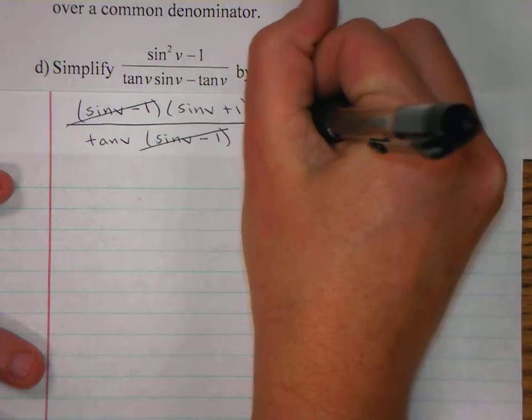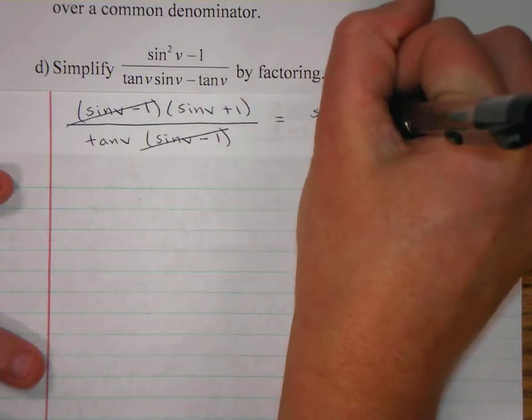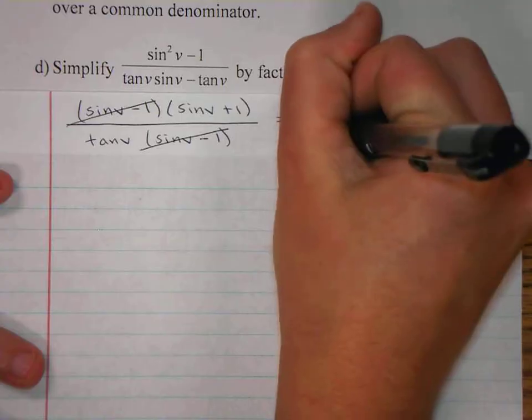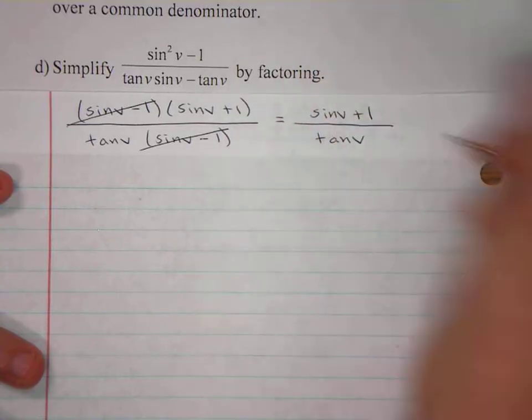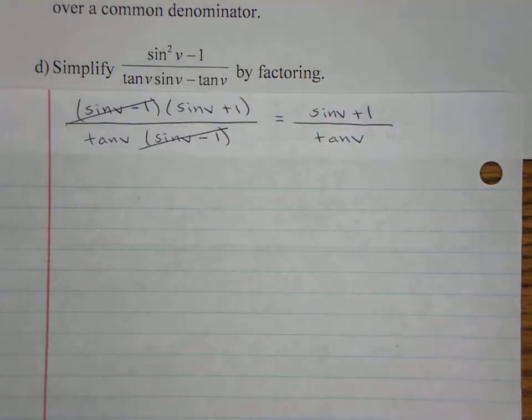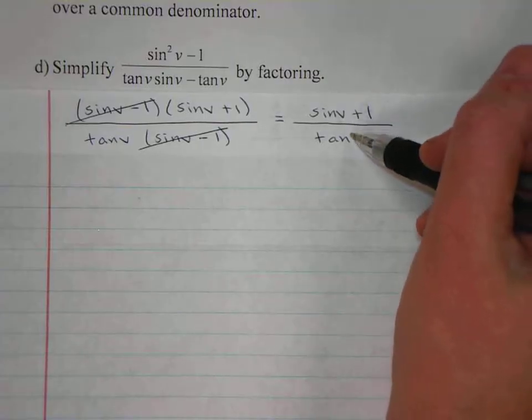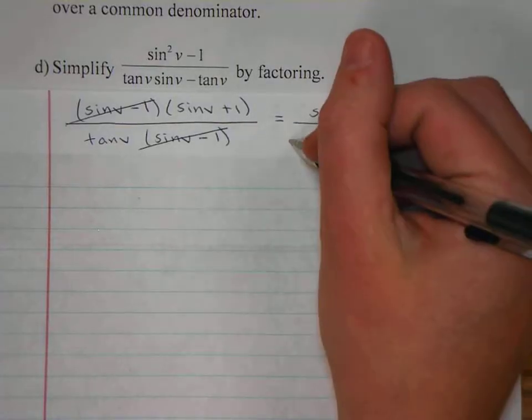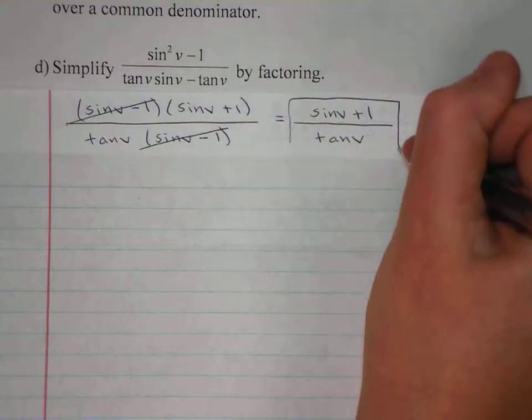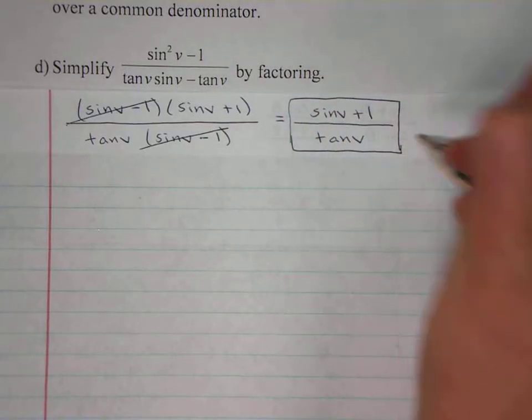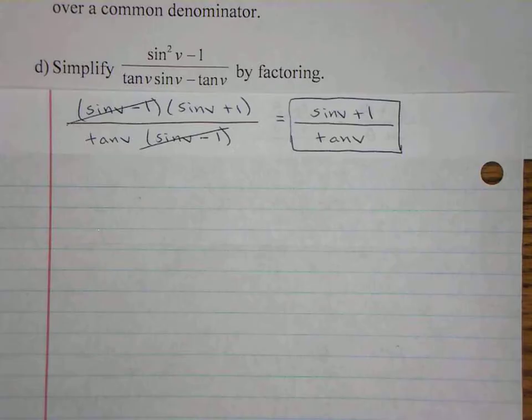And I'm left with sine v plus 1 over tangent v. And since sine and tangent, well, they do share some things, like tangent is made up of sine over cosine. Because sine is connected to the 1 through addition, you're not going to be able to reduce those anyways. So I'm going to go ahead and say that this is the simplified form, or as far as I can get. And that would be example 1, part D.